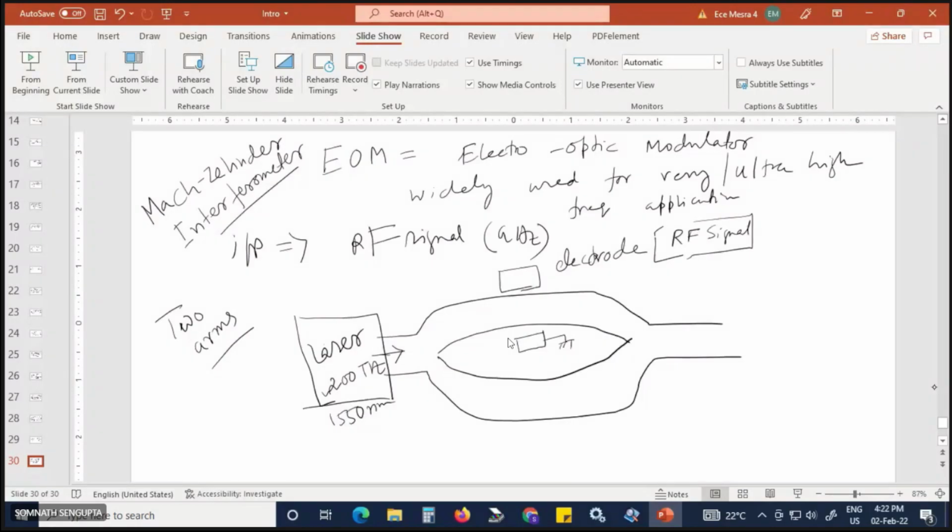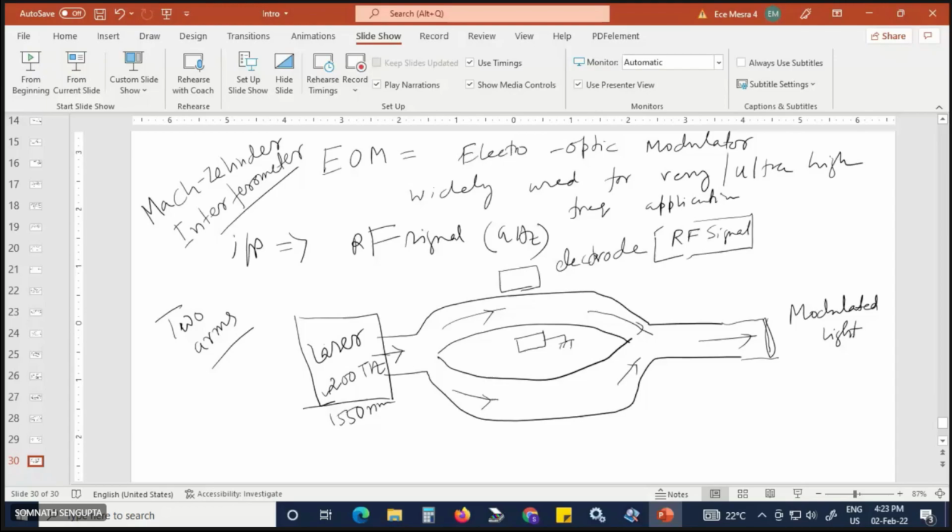Light is split in two paths, and again they meet and come out. This is modulated light. That means the intensity of this light is according to the RF signal applied, whereas the input laser light is the carrier signal.